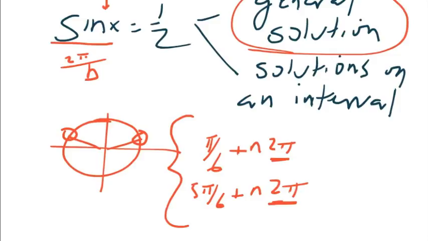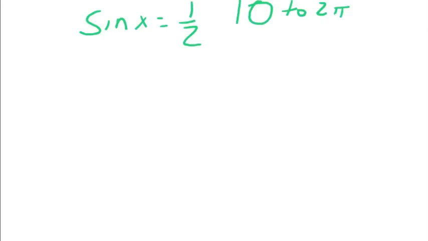The solution on an interval, the problem will always be phrased as something like, find the solutions of sine of x is 1/2 on the interval 0 to 2 pi, or something like that. It may not be that specific interval. If there is a bracket, that means include this number in your solutions.